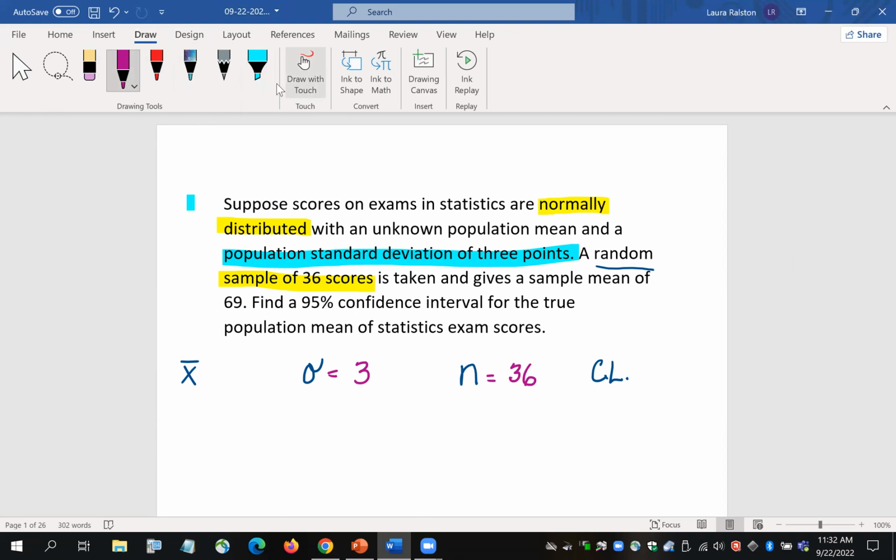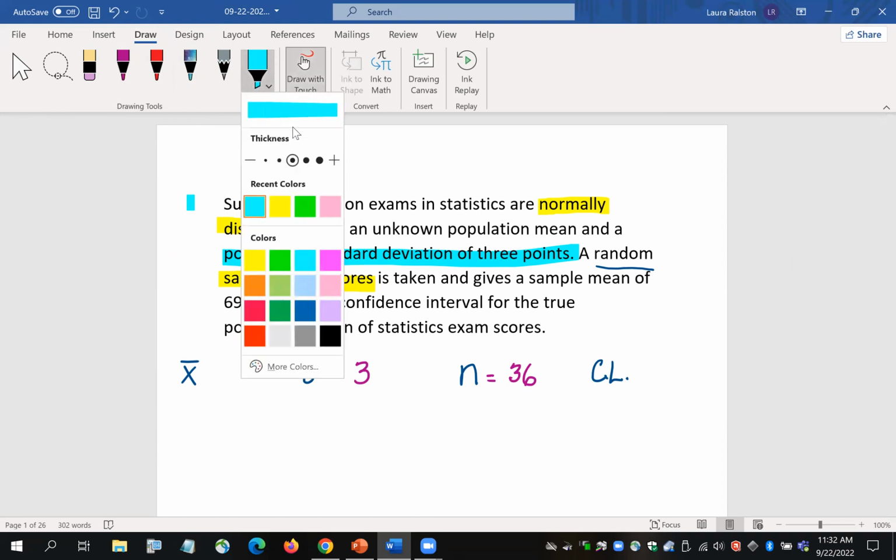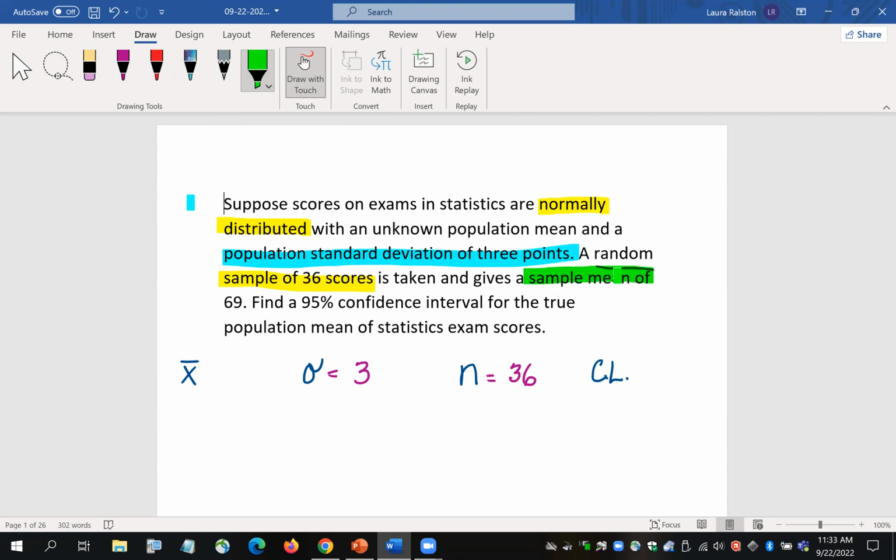And gives a sample mean of 69, so my sample mean is 69. Let me get back to my pen. And then it says find a 95%, so my confidence level is 95%.